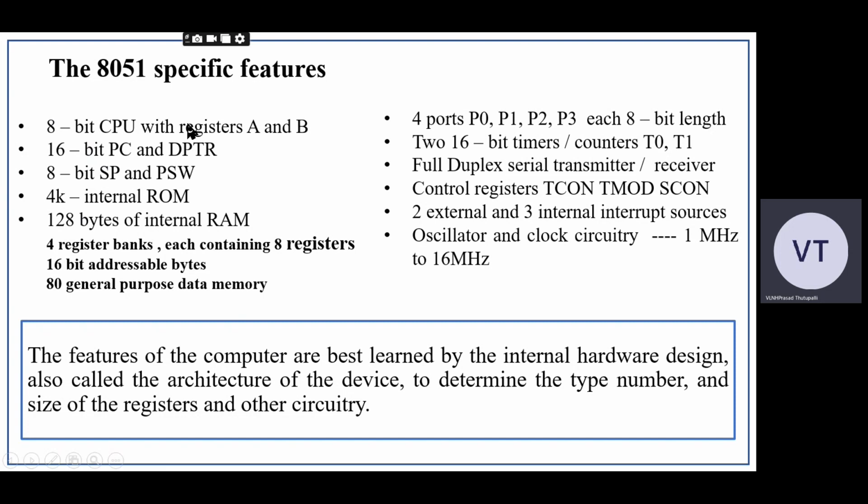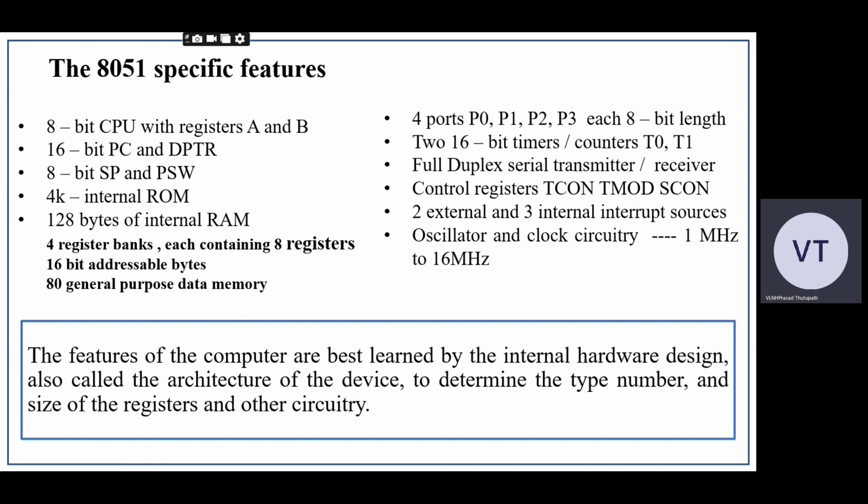All these are embedded inside the microcontroller and available readily for the user to use in their applications. A few control registers and mode selection registers are there, and 2 external and 3 internal interrupt sources. Apart from all these, there is oscillator and clock circuitry, which is very important to make the microcontroller work efficiently.